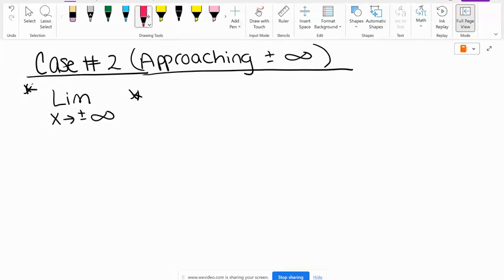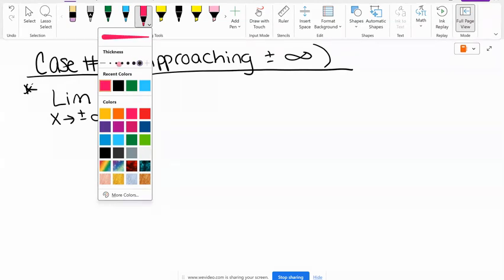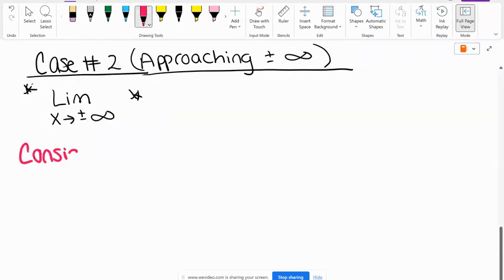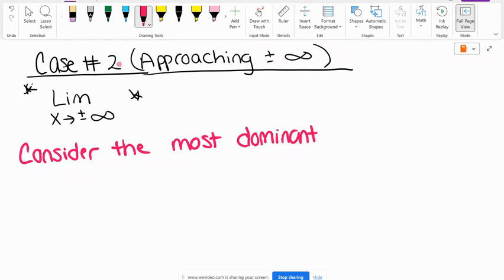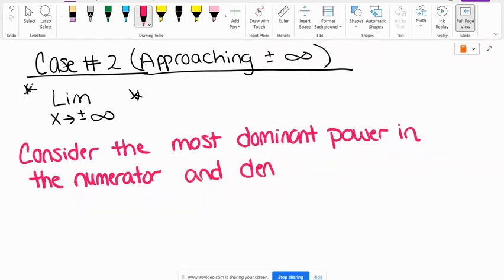So when we're approaching plus or minus infinity, I want you to consider the most dominant power in the numerator and denominator. Cancel out, or I should say ignore, all other terms.